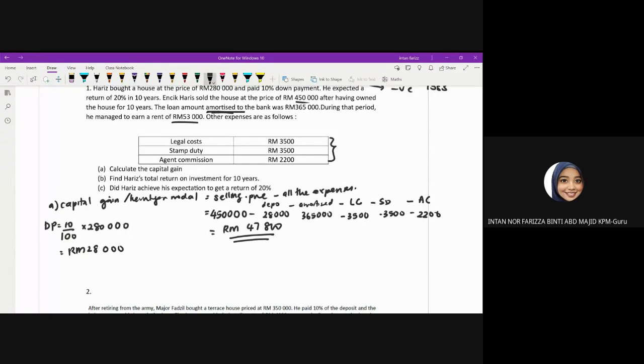The deposit, okay, amortize, the legal cost, stamp duty, agent commission, and whatever costs involved must be subtracted from the selling price. Inilah keuntungan bersih, okay, by Encik Haris. Okay, all right. Okay. So, tapi very rare lah soalan ni tentang capital gain, but you need to know lah how to do it. Okay, next.